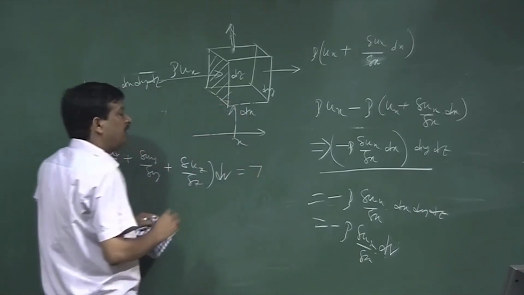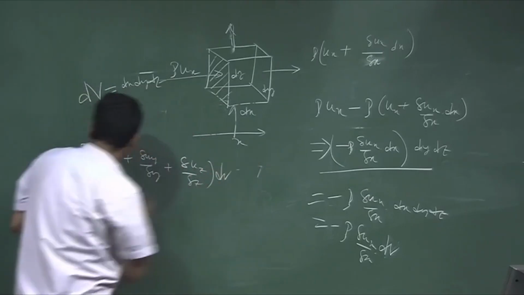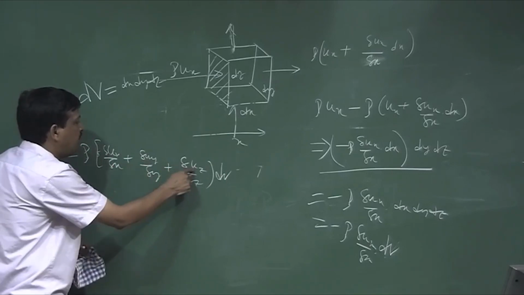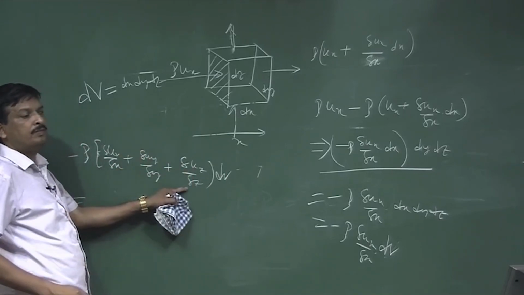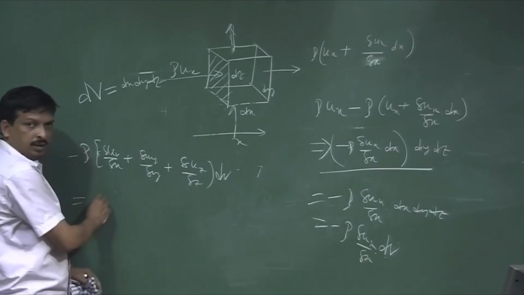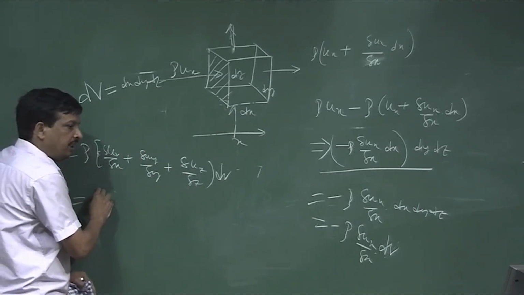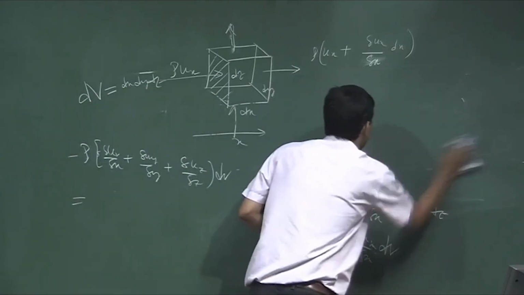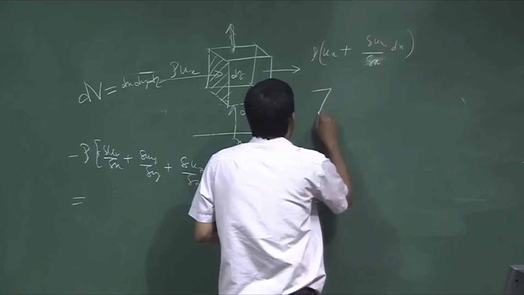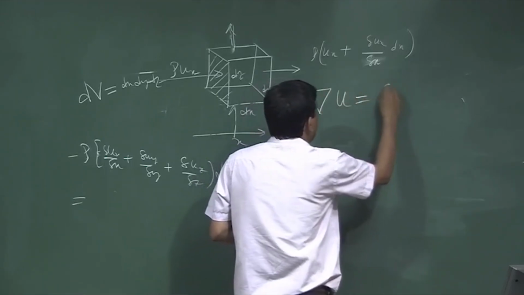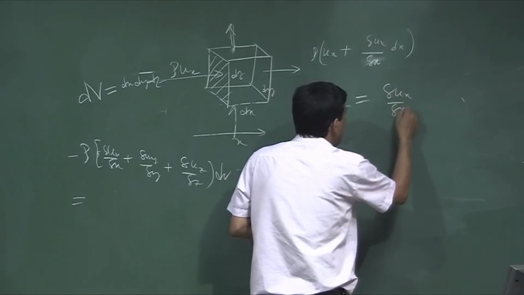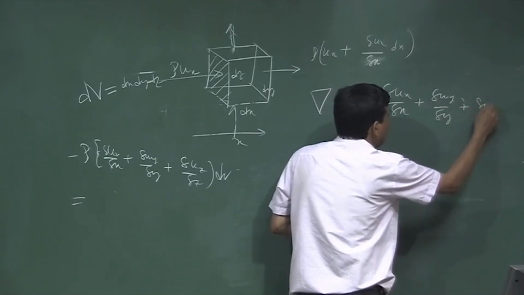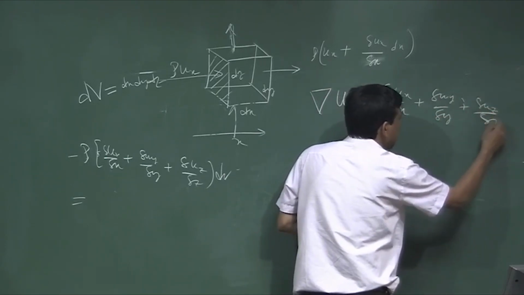So, I can write del ux by del x, del uy by del y, del uz by del z. What is the meaning of this? This is nothing but a divergence. Divergence of u is nothing but del ux by del x plus del uy by del y plus del uz by del z.